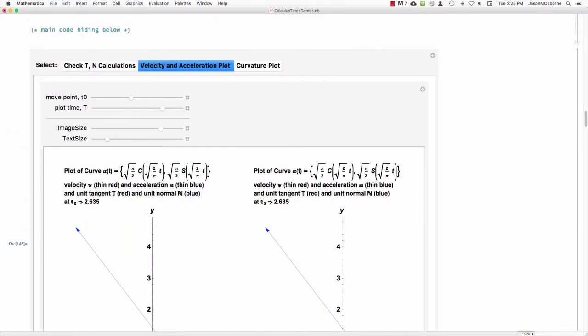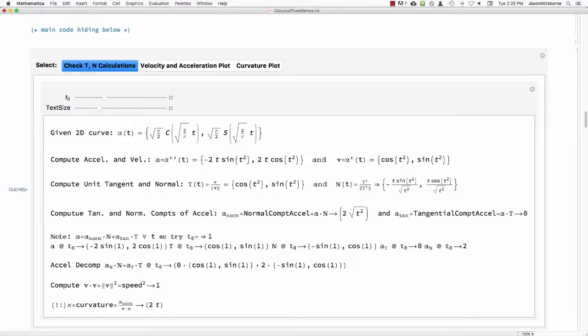Okay, so there's a plot. If you want to check any of your computations, you can check your calculations. Here's your curve. It'll show you your velocity vector. Here's your acceleration vector that you can check. It'll compute the unit tangent for you and the unit normal. And here the square root of t squared is t, so the t divided by t's cancel out if you do a little bit of simplifying yourself.